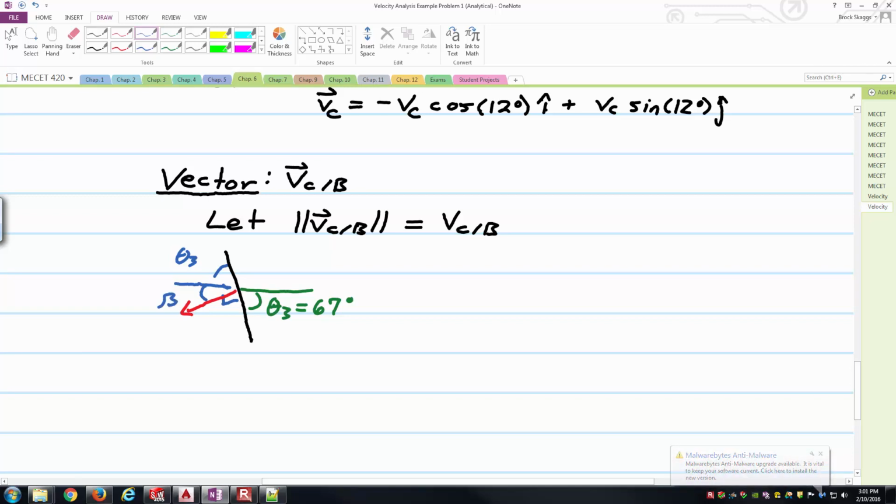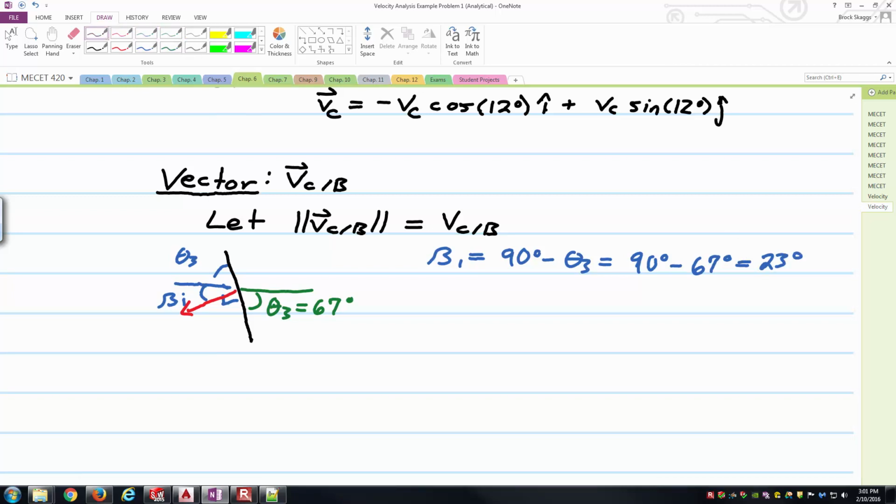Looks like that beta would equal 90 degrees minus theta 3. If we want to, we can call this beta 1 as a subscript. And so this beta 1 would be 90 degrees minus theta 3. So 90 degrees minus our 67 degrees gets us to 23 degrees.